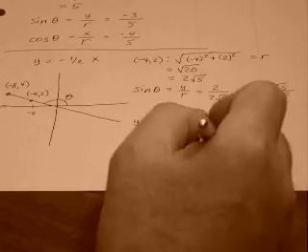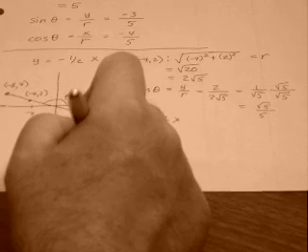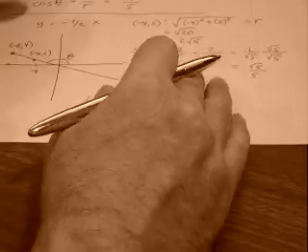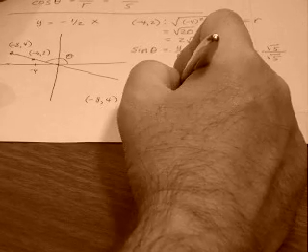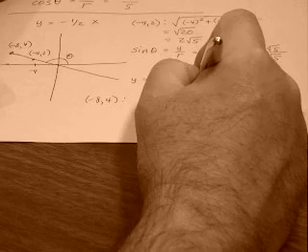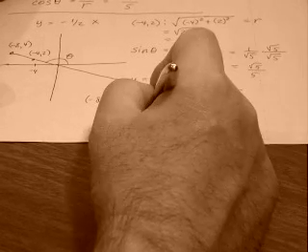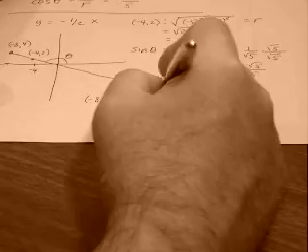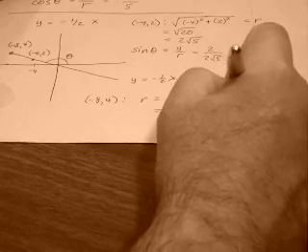Now what about sine theta for this other point? So that would be negative 8, 4. What's r for that? r is equal to the square root of x squared, that's negative 8 squared, plus y squared, that's 4 squared. And that equals square root of 80, which is 4 square root of 5.